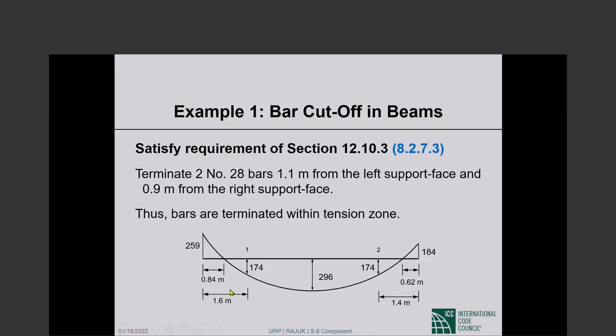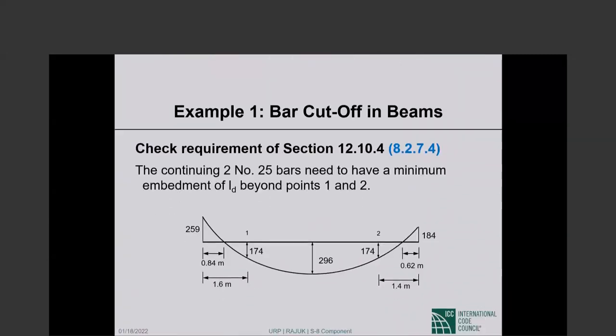So that will give you termination point 1.1 meters from the left support. These bars can be terminated here at 1.4 meters away, theoretical point of cutoff, but you need to go another 0.5. That gives us 0.9 meters from the right support. So the number 28 bars are cut off 1.1 meter from the left support and 0.9 meters from the right support. Okay, I'm sorry, I was mixing up the pages.